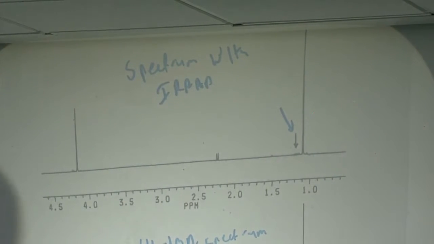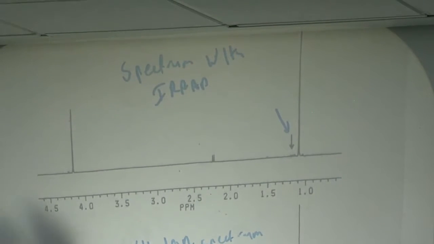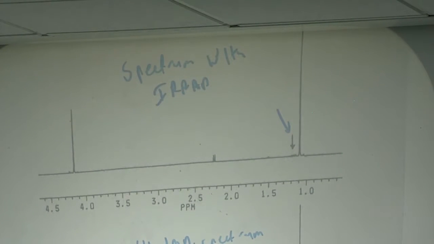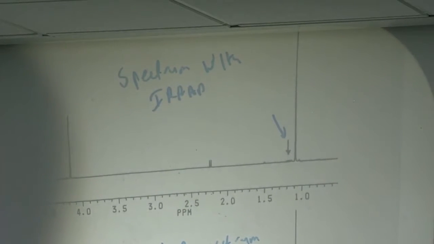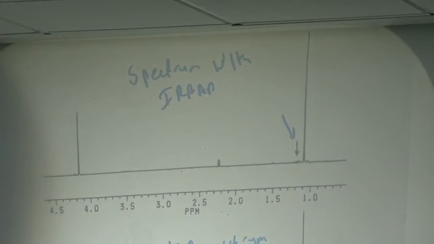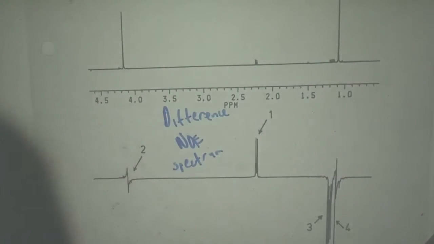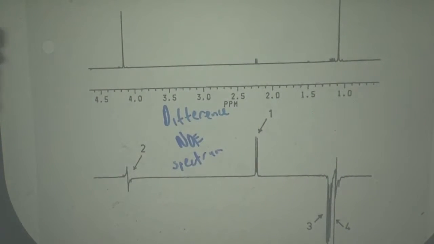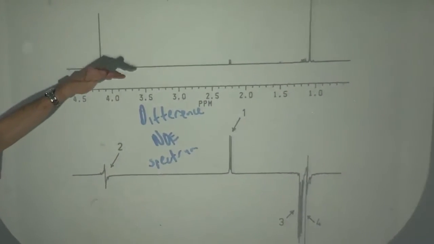But the way in which one historically does this, because the spectrum involves such small changes, is called a difference NOE spectrum. In a difference NOE spectrum, one is literally subtracting one spectrum from the other spectrum.